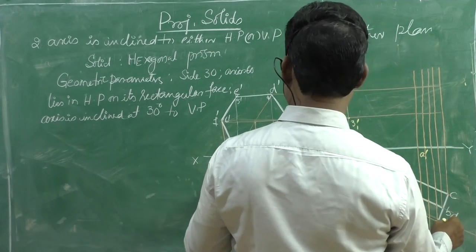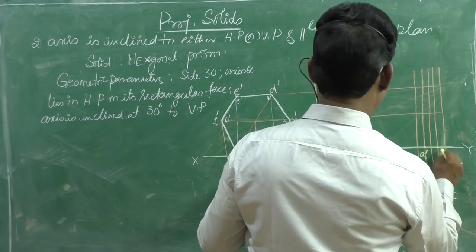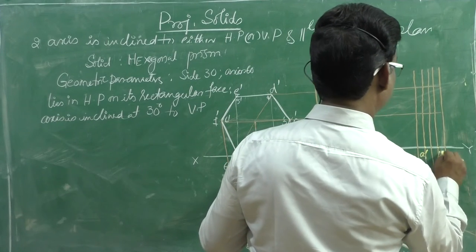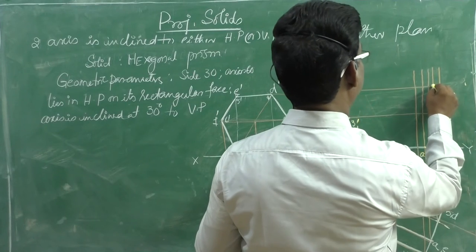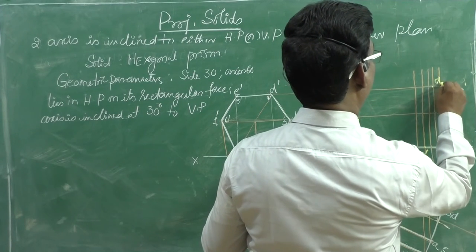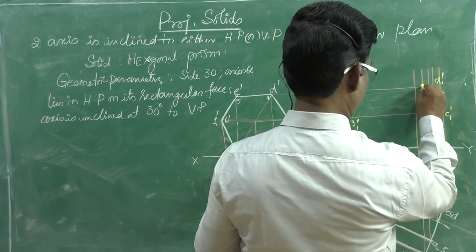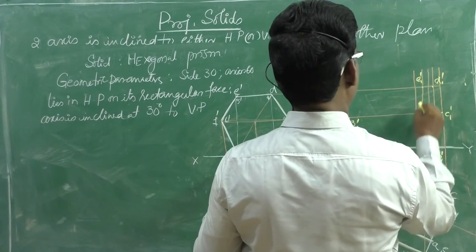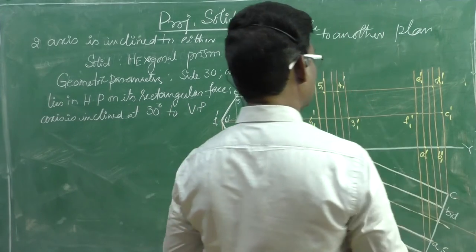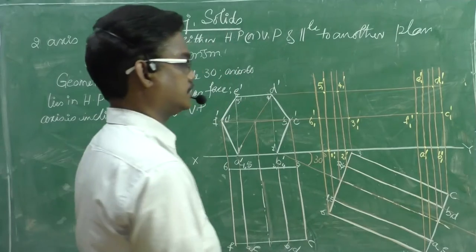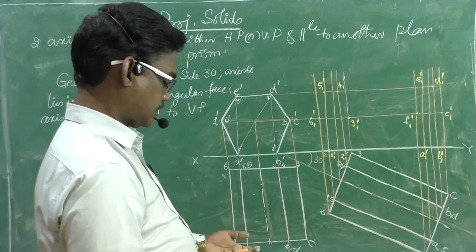This is B. This is B, 1 dash. This is C, 1 dash. This is D, 1 dash. This one E, 1 dash. This one F, 1 dash. Okay. All the notations of the vertex that is given.